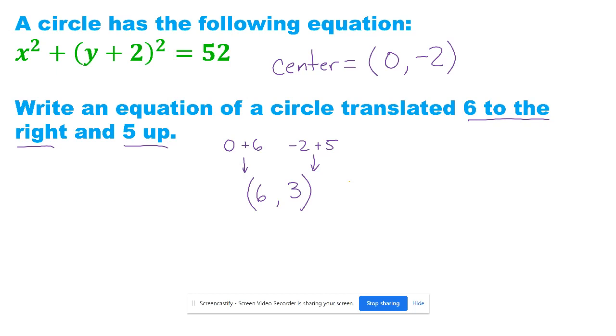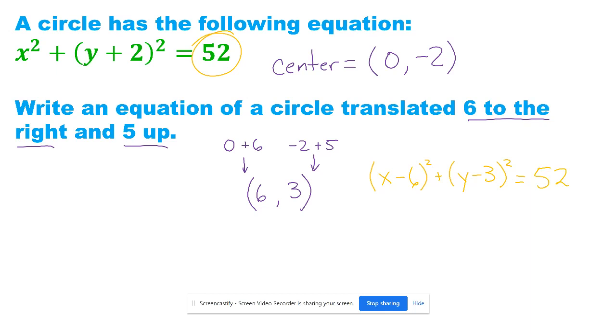So now we have x minus 6, because we always change the sign when you put it into the equation, squared, plus y minus 3, again change the sign, squared equals, and then we use the same number we already had, the 52. That doesn't change when we do a translation.